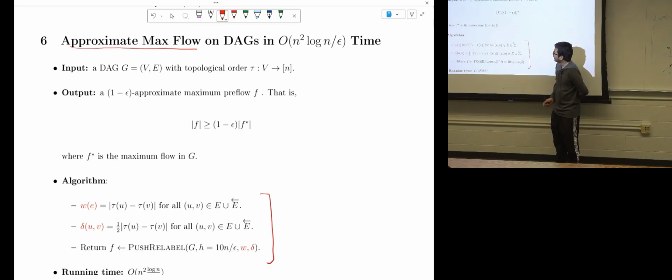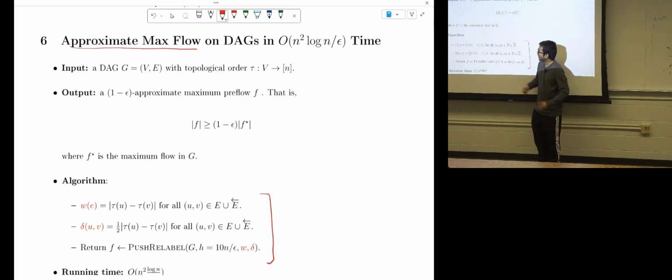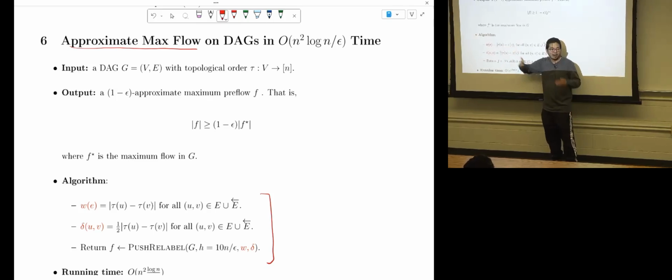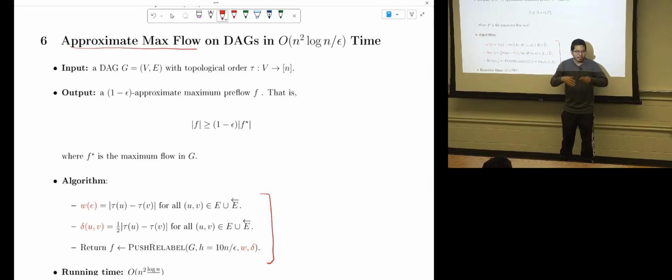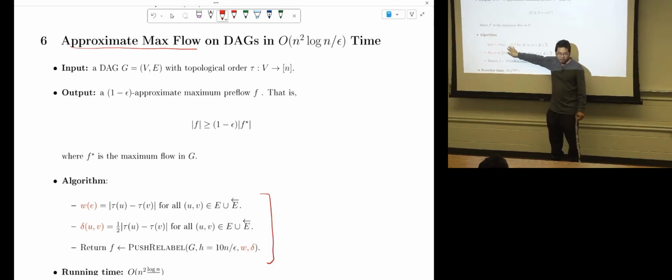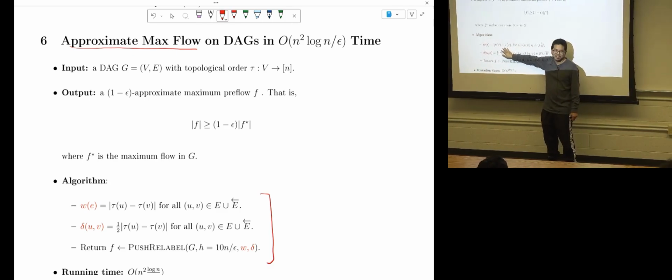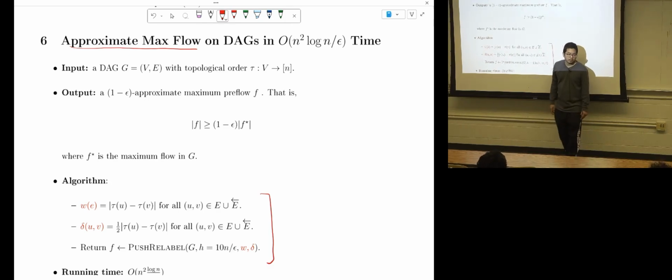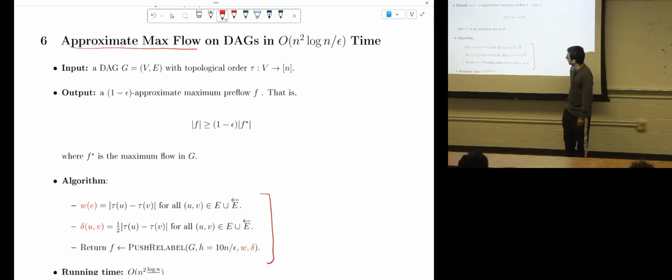Okay. So instead of setting the weight on all forward edges to be something and backward edges to be 0, I just set the weight of everyone to be this, both forward and backward. And the slack is just this much, like half of this.